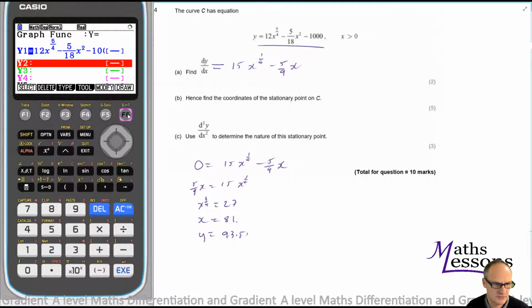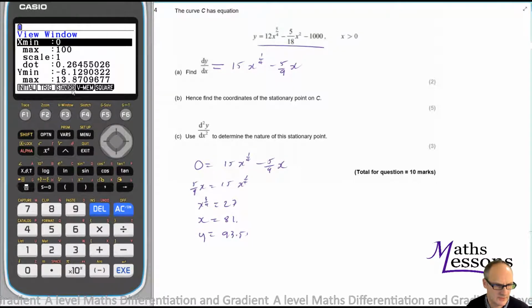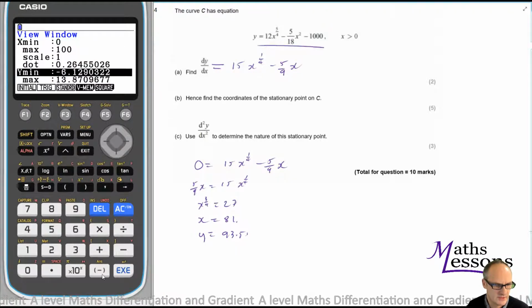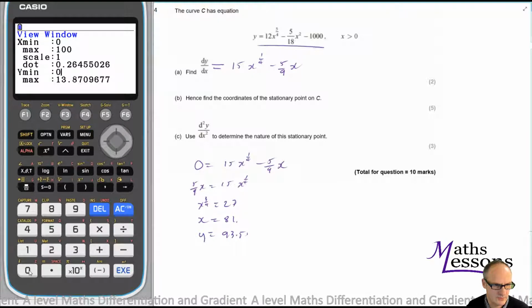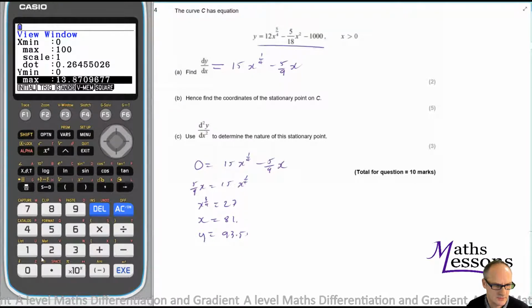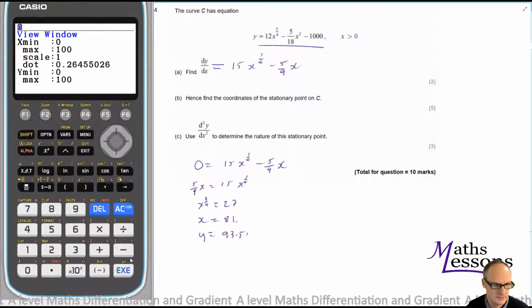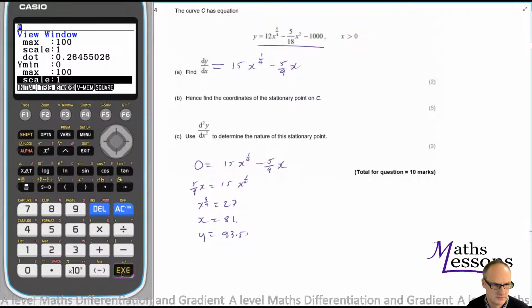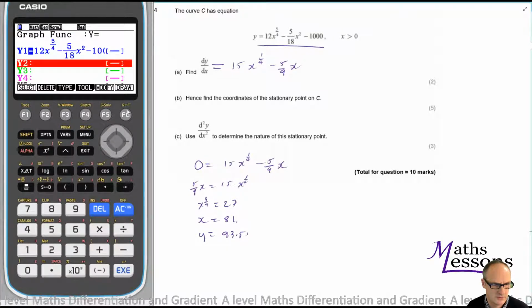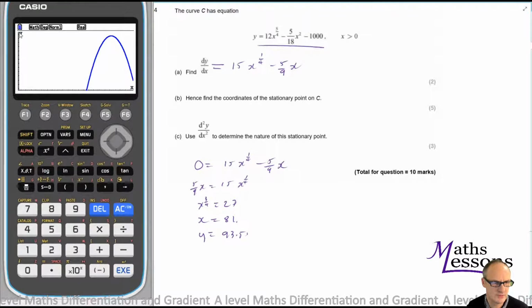Just draw that view window. We've got the line going through. Let's just go down to the y values. Let's go from naught and then make that one 102. I probably should have changed the scale from 1. Notice we've got all these dots for all the scale, and we can see our graph.